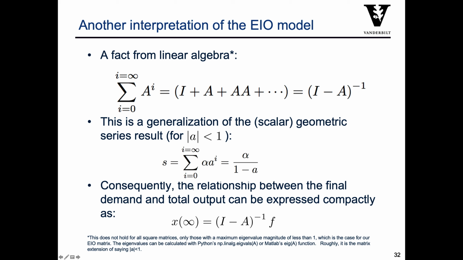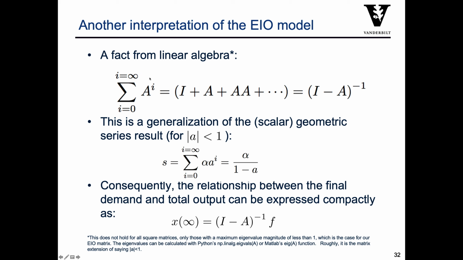So it's a fact that if you take the limit of this matrix series under the very special case, and now we're going to get technical for a half second, that the maximum eigenvalue of this matrix A is less than 1, which I'm telling you for a fact is true for the EIO models, then you get convergence. The magnitude of the eigenvalues, whatever those things are, if you know what they are, great.